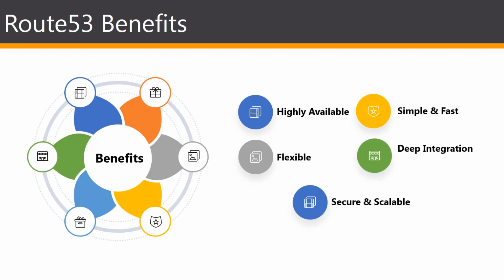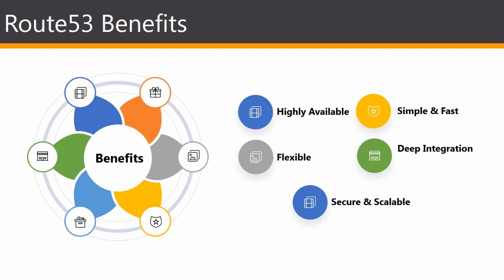Now, the benefits of Route 53 are fairly standard and comparable to most of the other services which are offered by AWS. In terms of it being highly available and reliable, flexible, it routes traffic based on multiple criteria such as endpoint health, geolocation, and latency. And you are also able to configure multiple traffic policies and decide which policies are active at any given time.